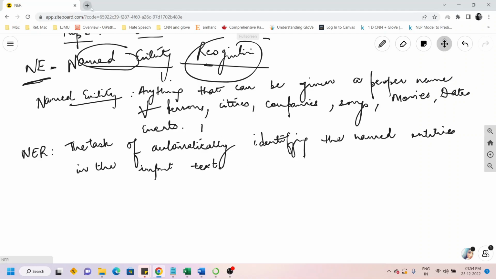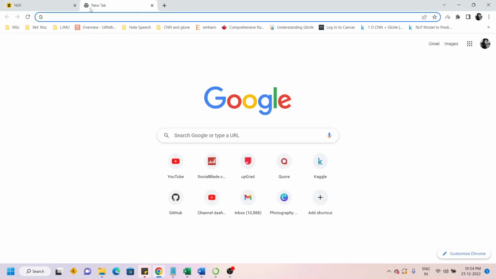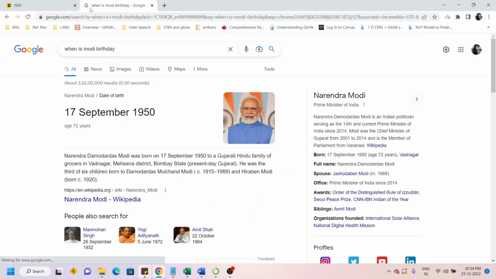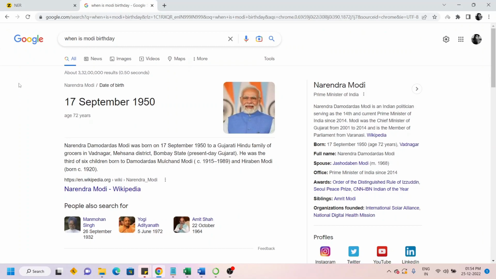Now for an example, let us see: when is Modi's birthday. As you type this in the Google search bar, you can see that Google has represented Modi as a person. There can be a Nirav Modi as well, no? But Google has picked which Modi: Narendra Modi.